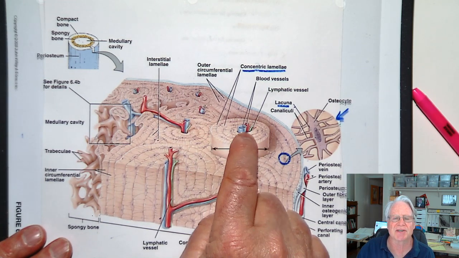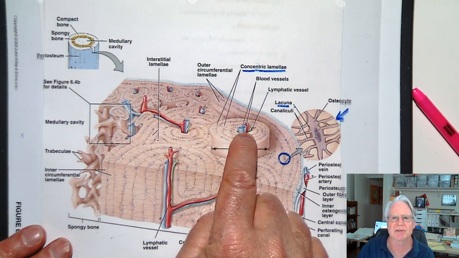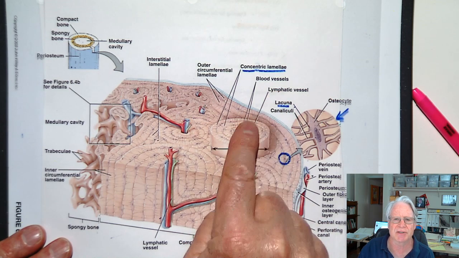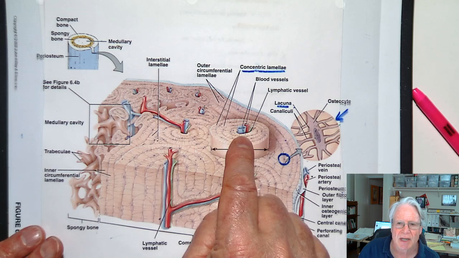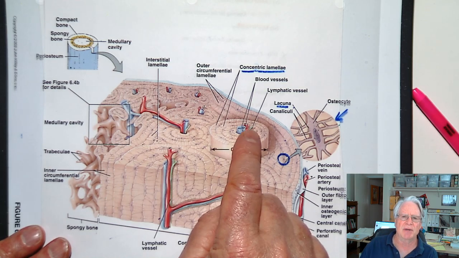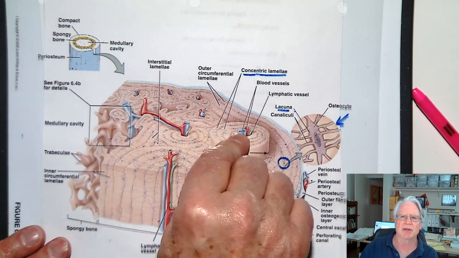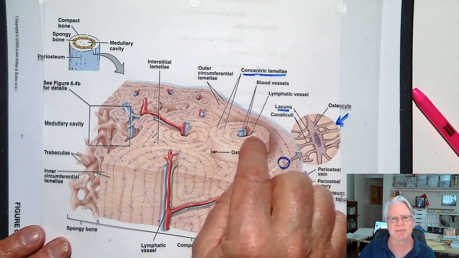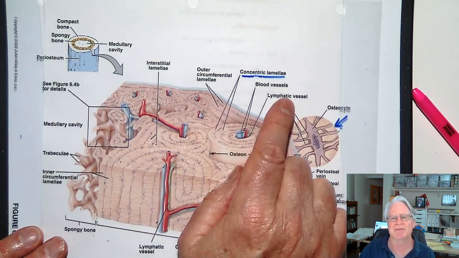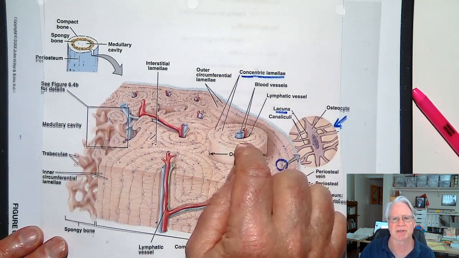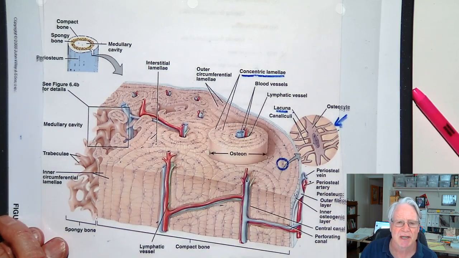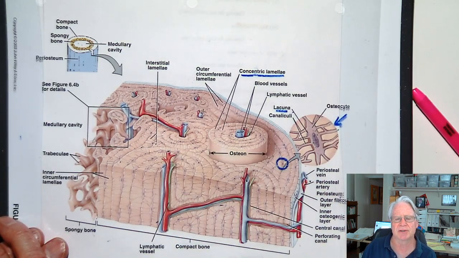In the center of the osteon is a structure called the central canal, and within that central canal we have blood vessels and lymphatic vessels. I think I've mentioned this before, but typically where you have blood vessels, you'll also have lymphatic vessels in the body. You'll learn about the lymphatic system and its connection to the circulatory system in 40C when you do the immune system.